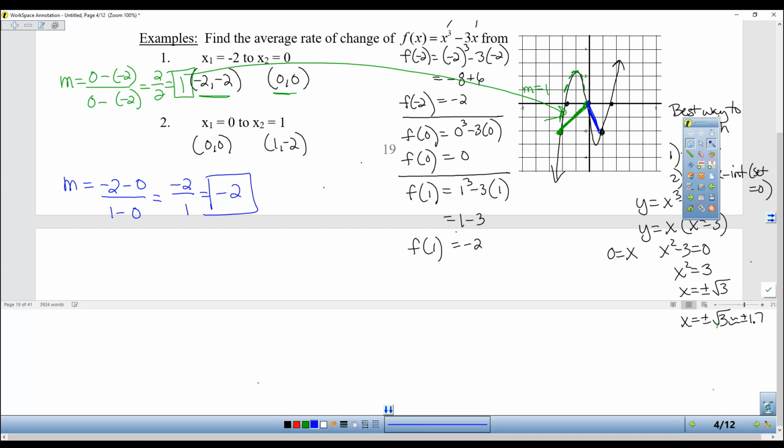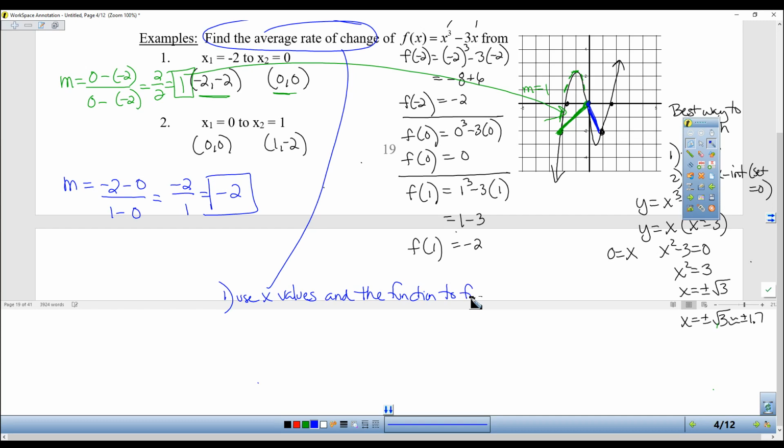So when they say find the average rate of change, step 1, use the x values and the function to find the y values.